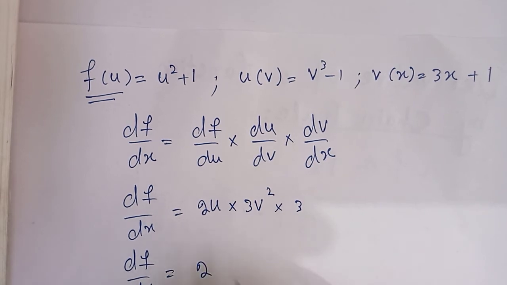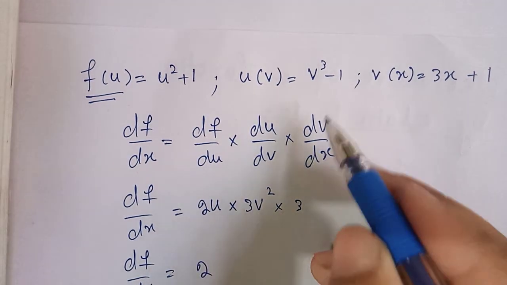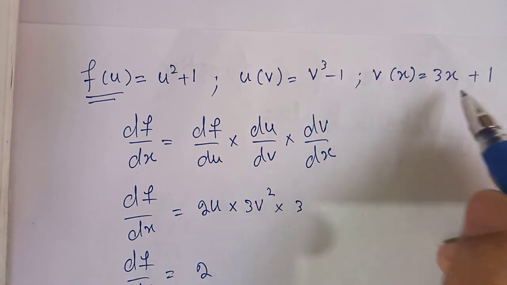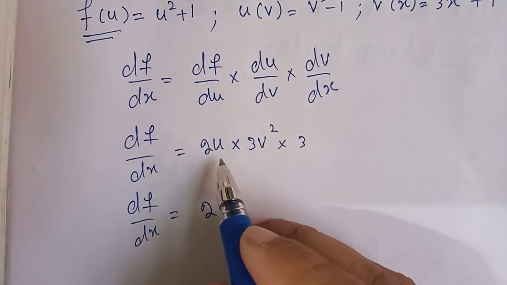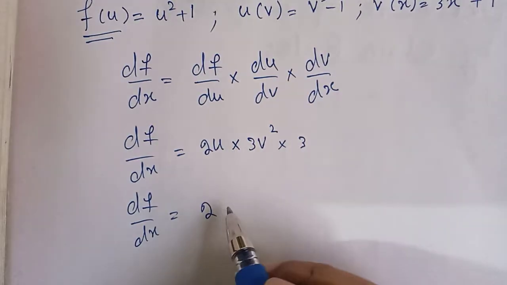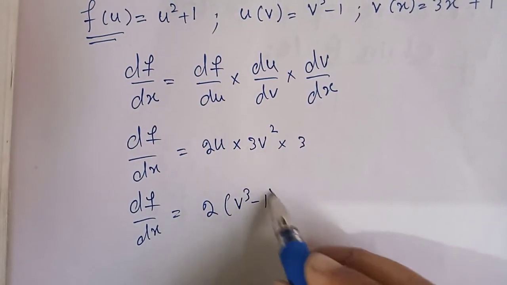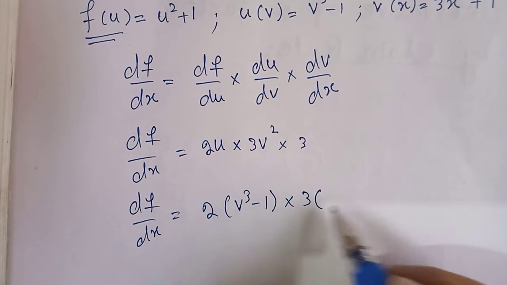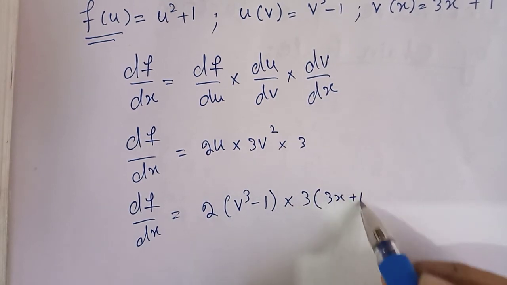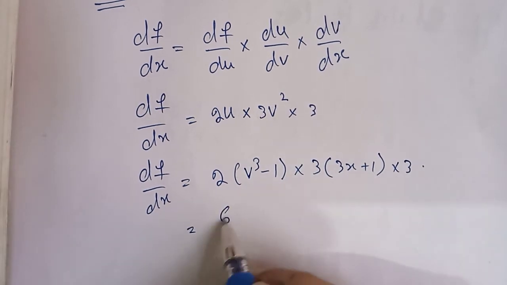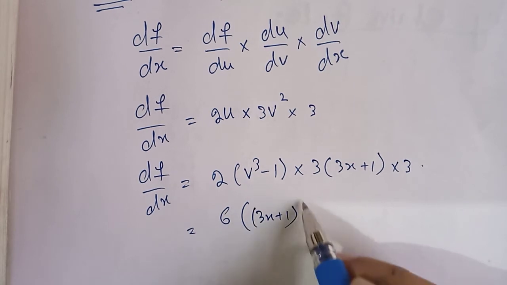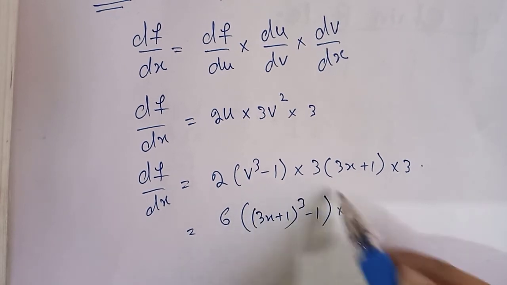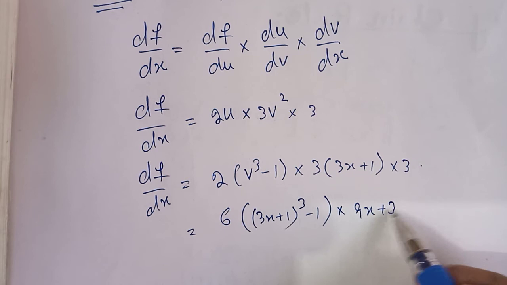You need to shift the whole solution into variable x because you are differentiating with respect to x. So u can be replaced with v cube minus 1, and v will be replaced with 3x plus 1, multiplied by 3. So 3 and 2, this is 6. v can be replaced with 3x plus 1 whole cube minus 1, and this is 9x plus 3.